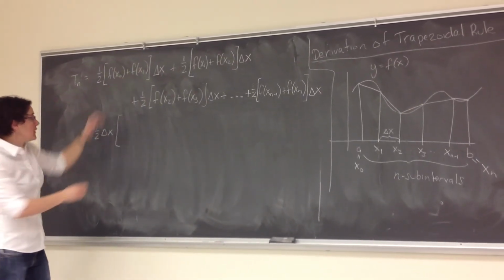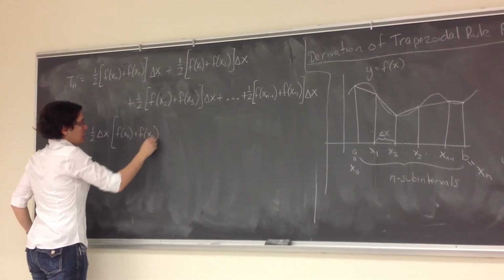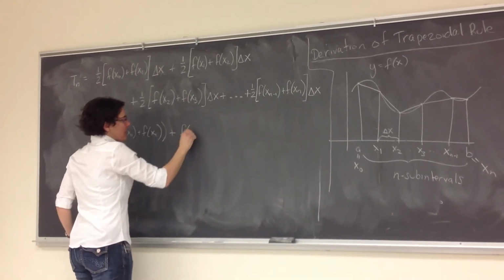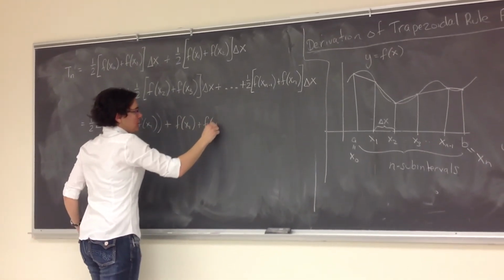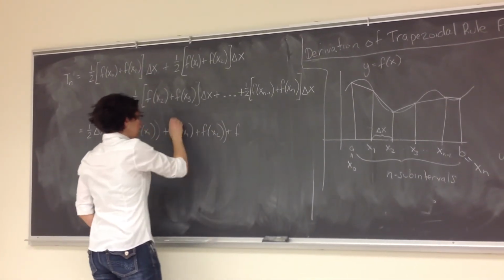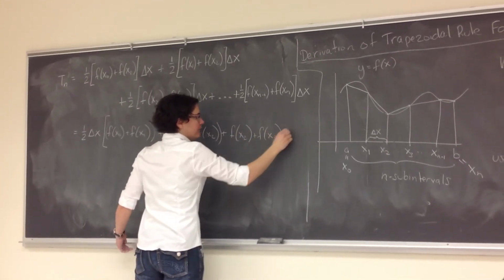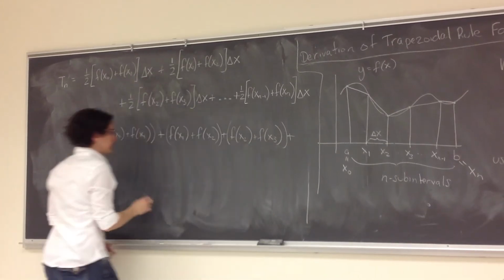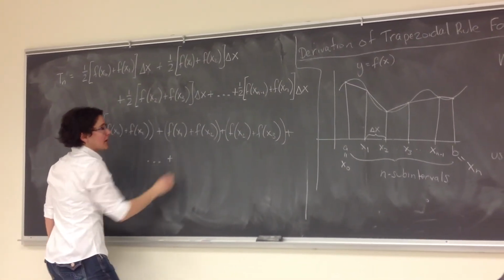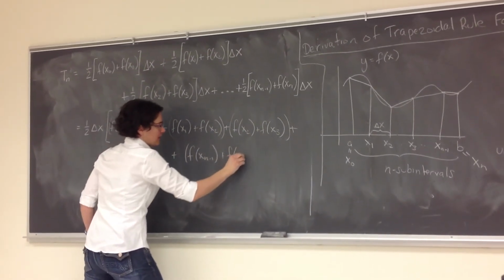And then what we're left over with here is f of x0 plus f of x1 plus f of x1 plus f of x2 plus f of x2 plus f of x3 plus dot, dot, dot plus f of x n minus 1 plus f of xn.